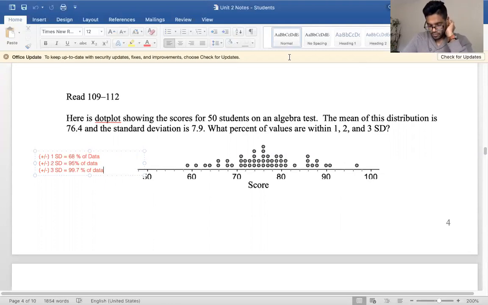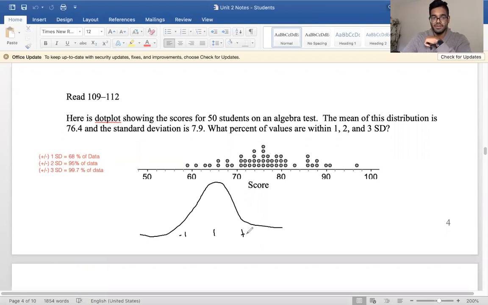So just do a quick example. If I looked at the bell curve, normal distribution, okay, so here's my mean, right? And I said between -1 and +1 standard deviation is 68% of data. So this whole thing is 68%. Well, this thing is symmetrical.